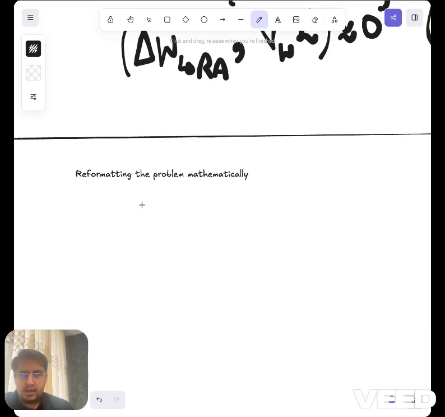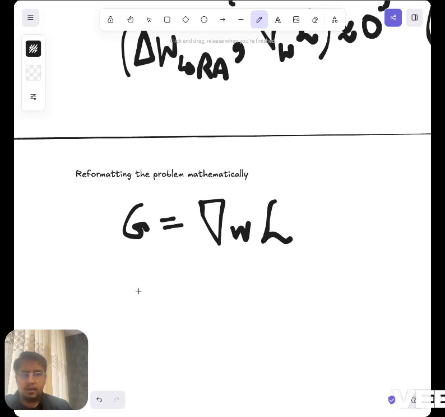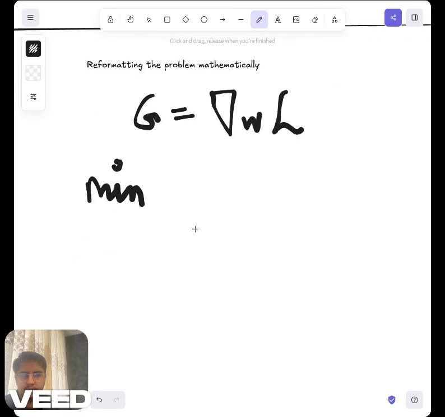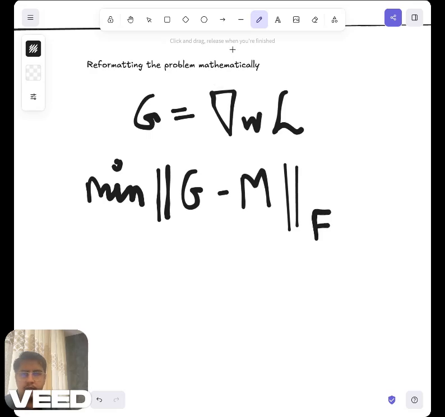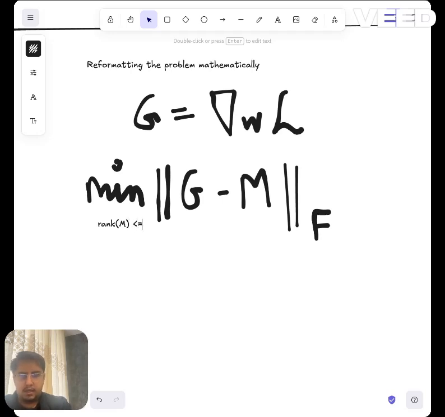Mathematically, we could call G equal to delta of W times of L, and ideally we would want the minimum of the Frobenius norm of this matrix minus a matrix M, where rank of M is less than or equal to the required rank R. We'll go into the Frobenius norm and things in detail later.